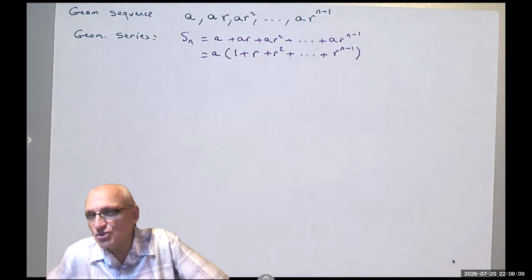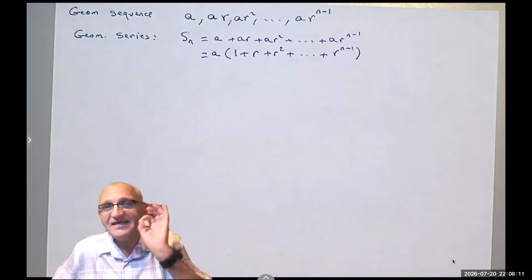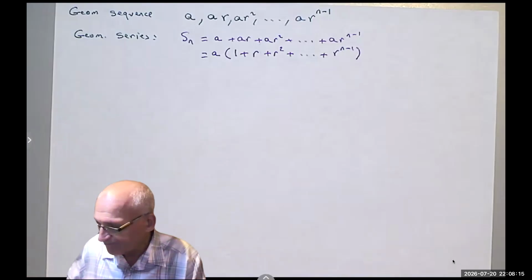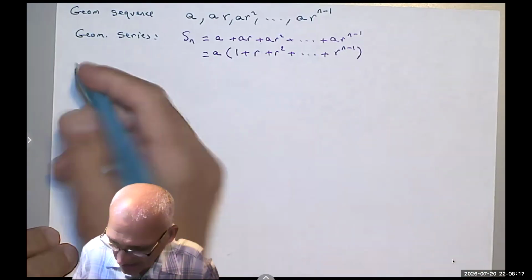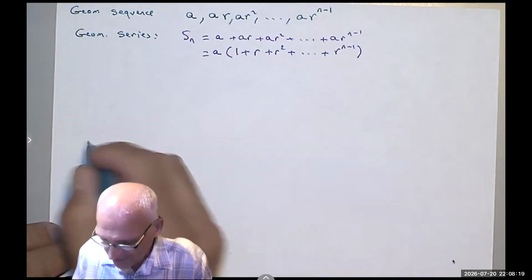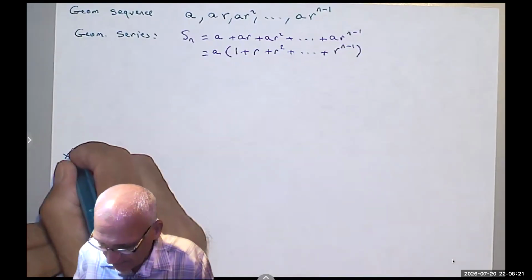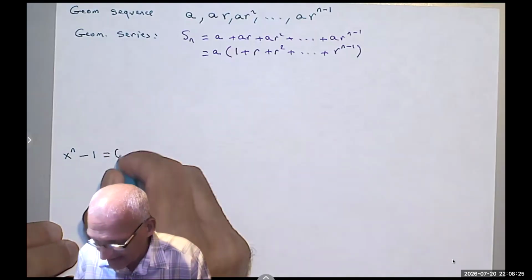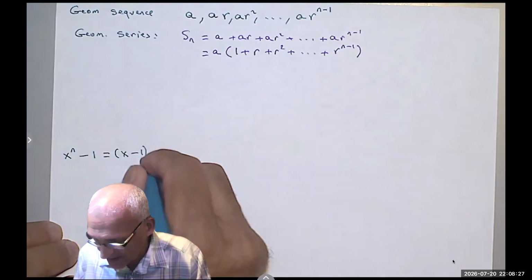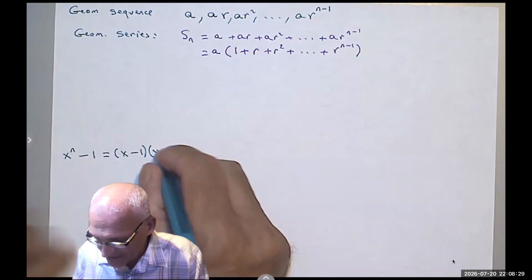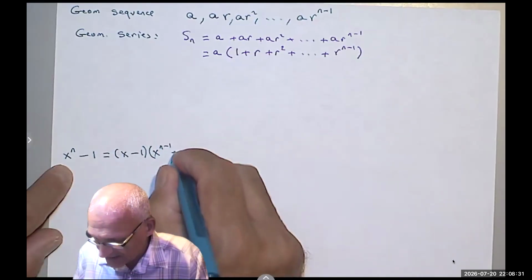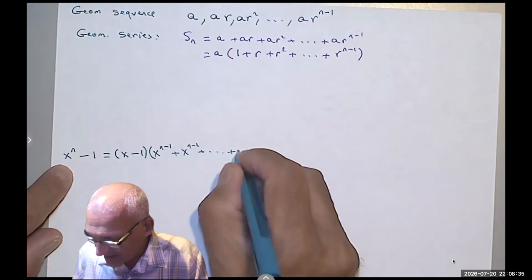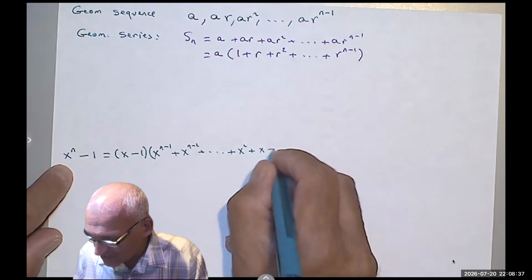Because I showed you that if I am expanding, we did it with x. So let me write down here, x to the n minus 1. Remember how we did it? We said it's x minus 1 times x to the n minus 1 plus x to the n minus 2 plus x squared plus x plus 1.